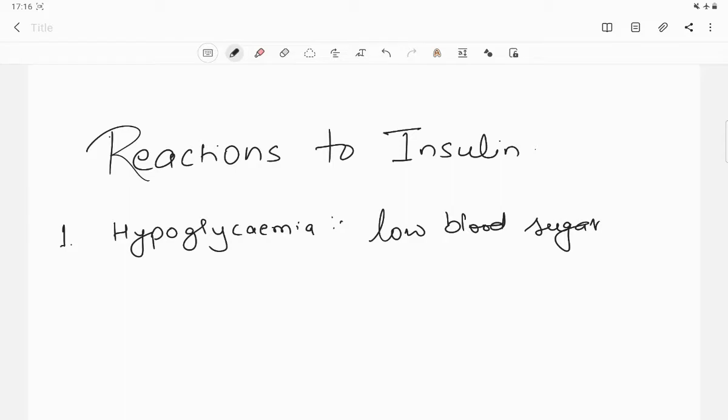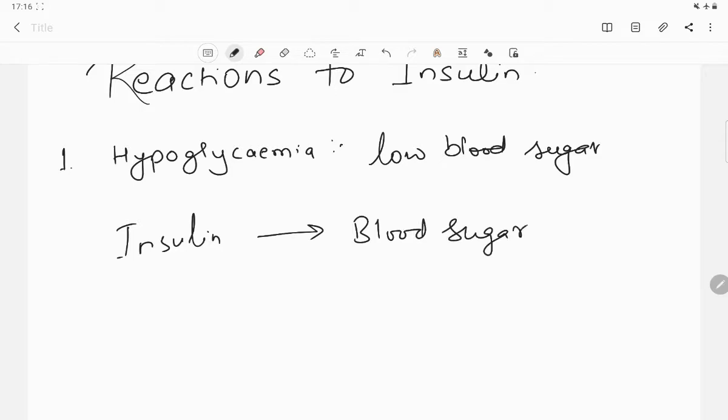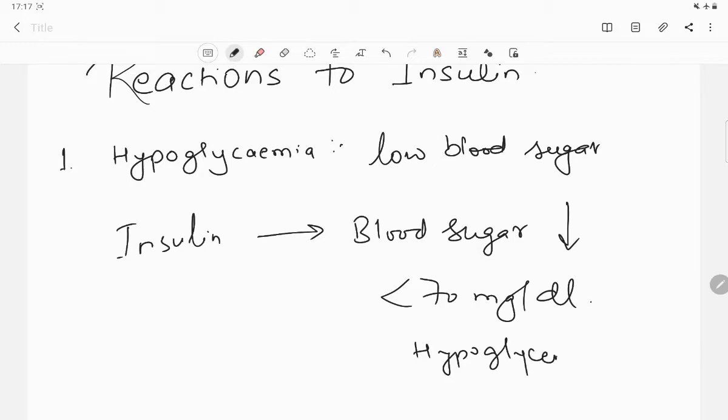Insulin is given in diabetes to reduce blood sugar levels, but sometimes this insulin can decrease blood sugar more than required, known as hypoglycemia. So it can be said that when blood sugar is less than 70 milligram per deciliter, it is hypoglycemia.